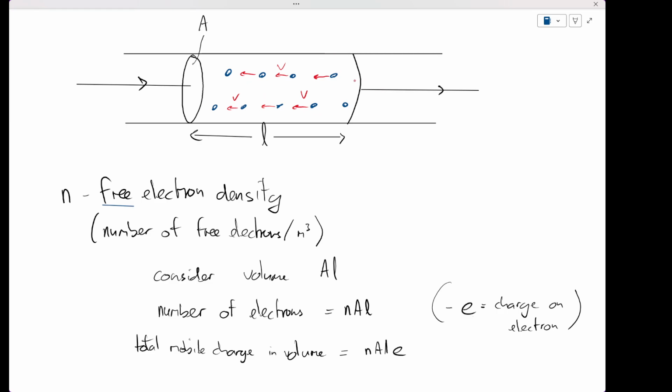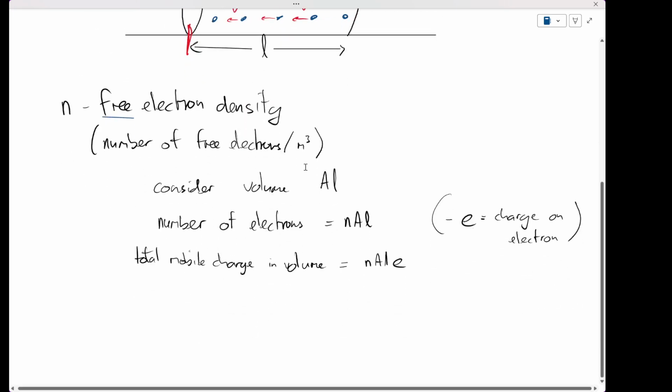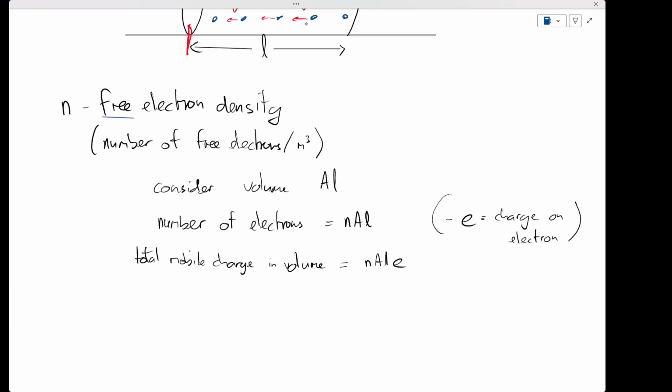So, if they're moving with this average velocity v to the left, the time taken for all of the enclosed charge in this region that we're considering to leave, for it to move past this point in the circuit, will be L divided by v. The time taken for the electrons right at this right-hand edge to get the whole way over here will just be the distance traveled divided by the speed, divided by the velocity.